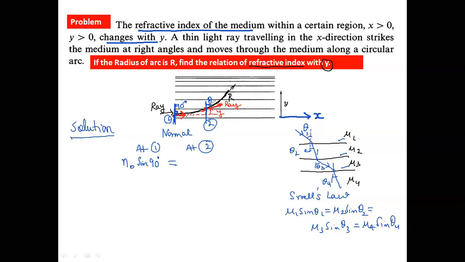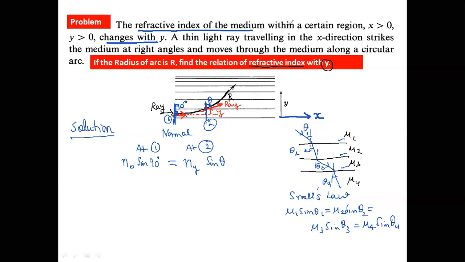At point number 2, the angle between the ray and the normal is theta, so here it should be sine theta, and the refractive index at this point, at a height of y, is n at height y. Now I have to find sine theta.